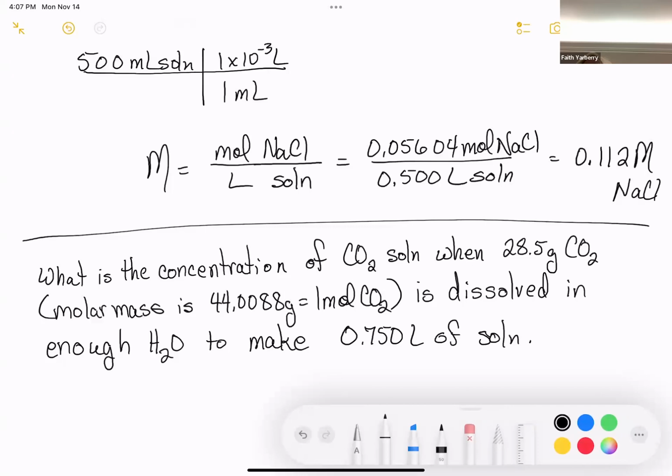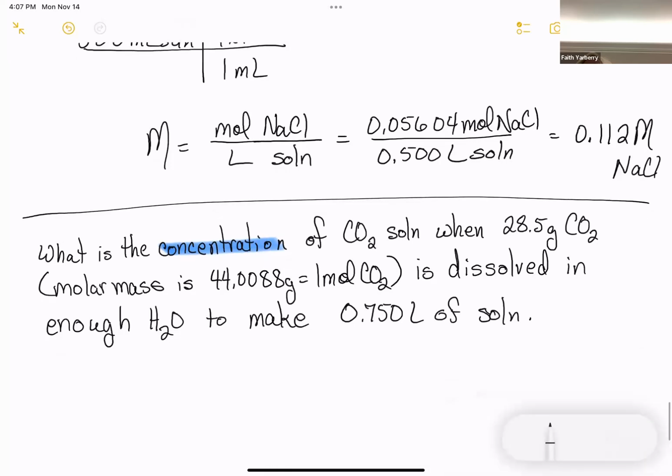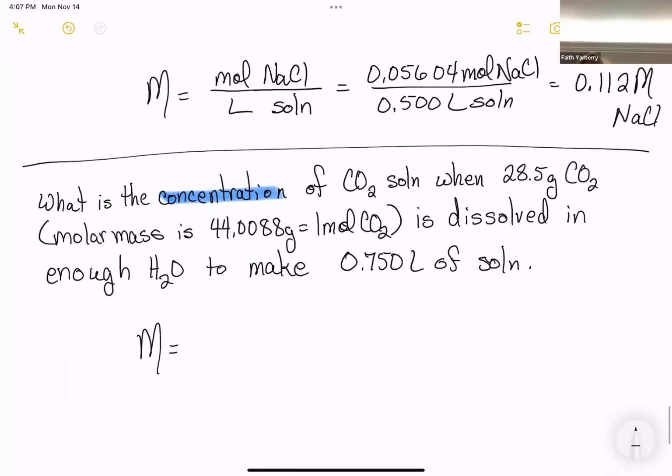Again, the thing to note is that I've asked you to solve for the concentration. So that means you need to determine the molarity. So it's going to be moles of CO2 over liters of solution.